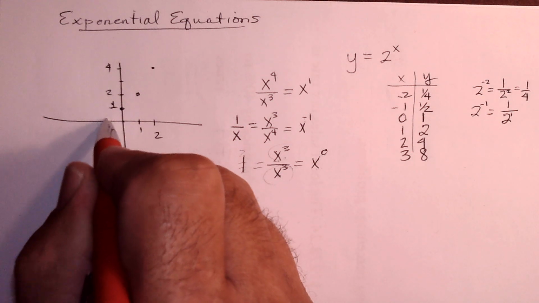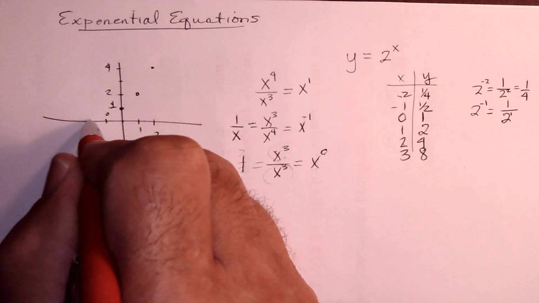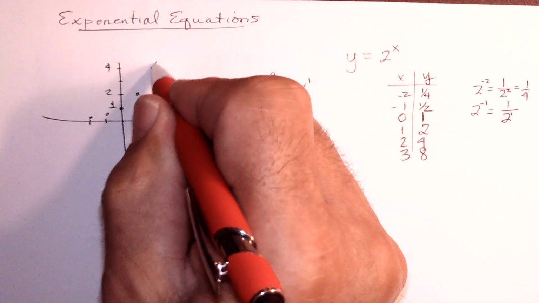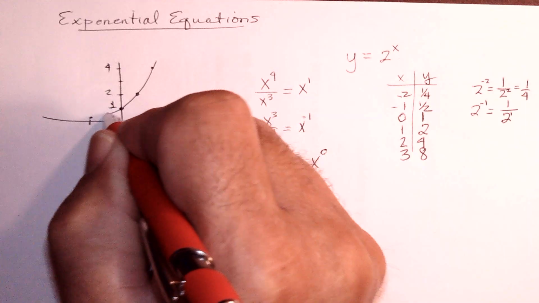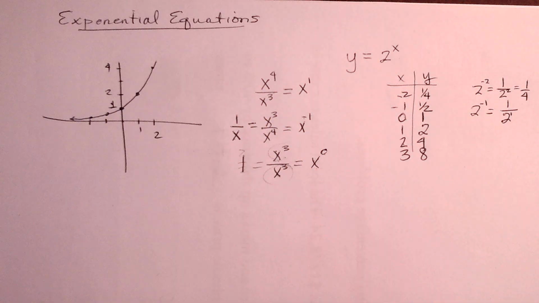And 2 to the -1 is a half. And 2 to the -2 is a quarter. And we get this exponential curve that gets closer and closer to 0, but never touches the x-axis.